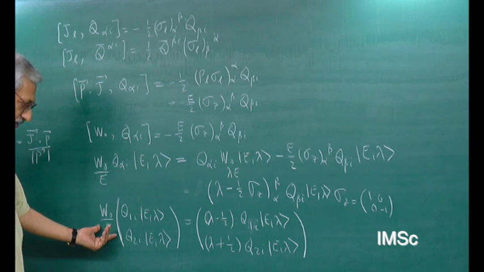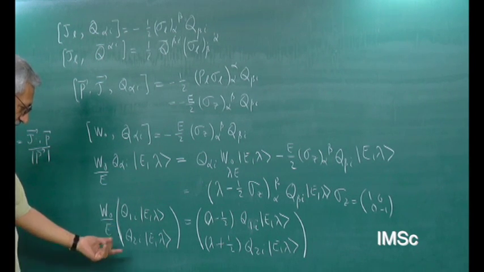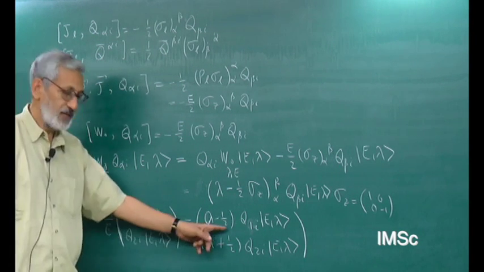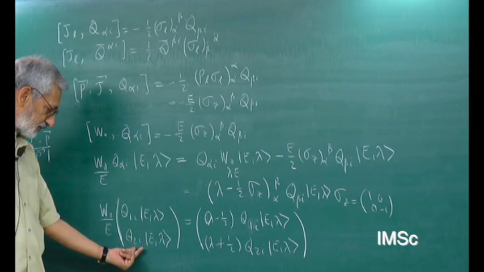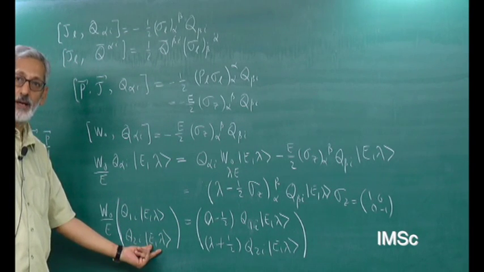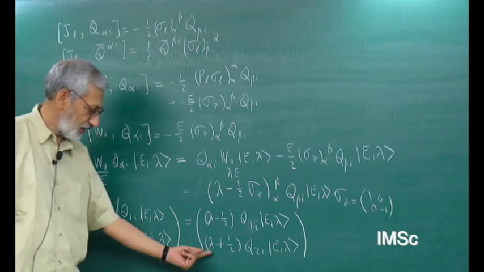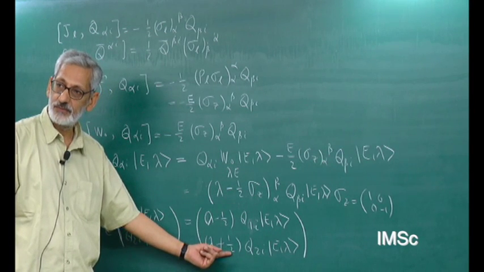Now this is the helicity operator. This tells me that the helicity of this state is lambda minus 1/2. And the helicity of Q2 acting on E lambda is lambda plus 1/2.